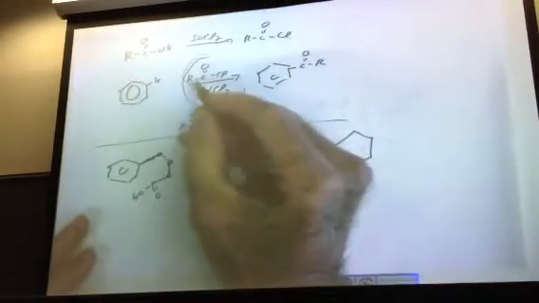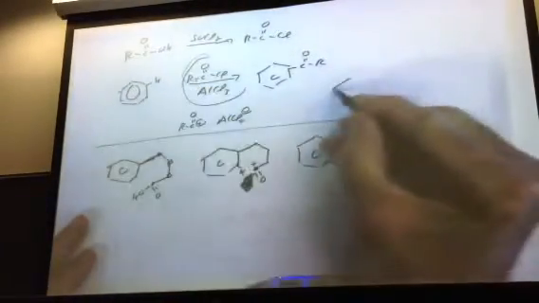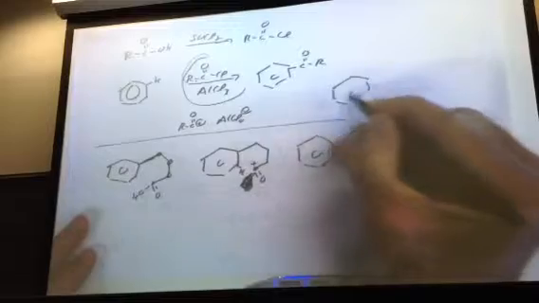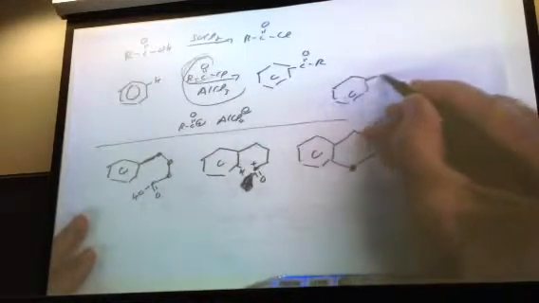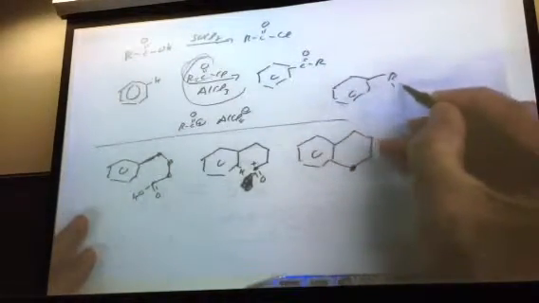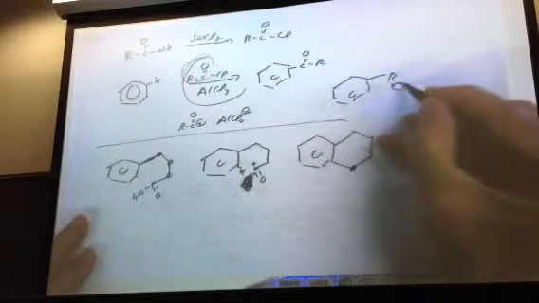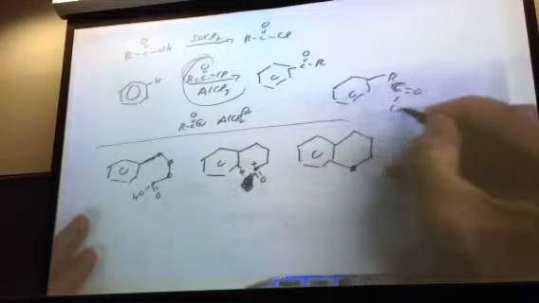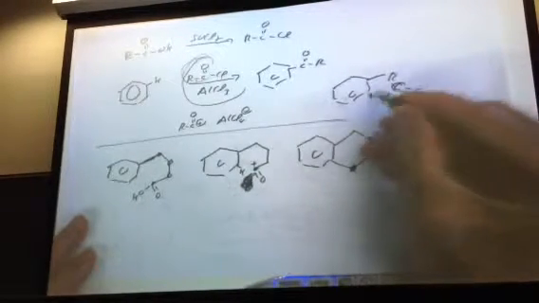Just that this R right here and this aromatic compound are connected. They're not two separate pieces. You get your R, C, O, C, L. So it's connected, so it can react with itself, basically.